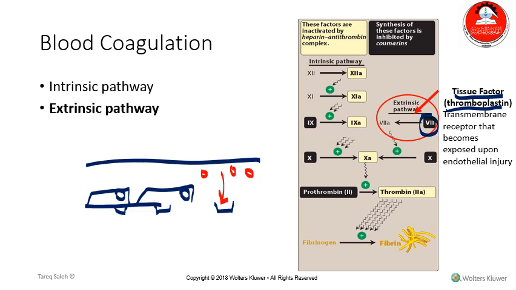The exposure of factor 7 to tissue factor will result in its activation. After factor 7 has been activated into its active form, it then activates factor 10 into its active form, which then leads into thrombin activation. So the extrinsic pathway is relatively shorter than the intrinsic pathway.